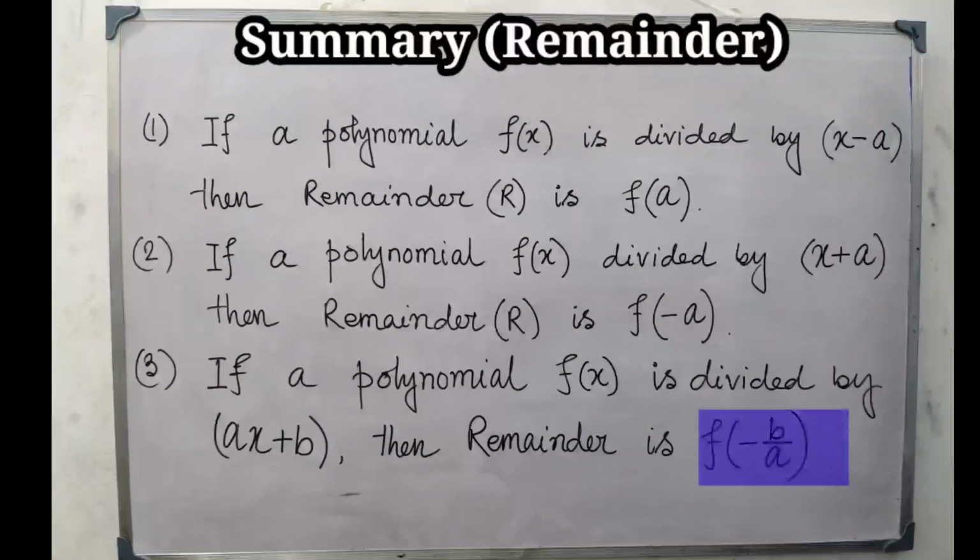That's why the remainder is f(minus b by a). Understood? And all these summaries you have to keep in your mind, since you need this summary to solve the exercise problems of this chapter. Okay, so I think no need to memorize this part, since I told you a very easy way.